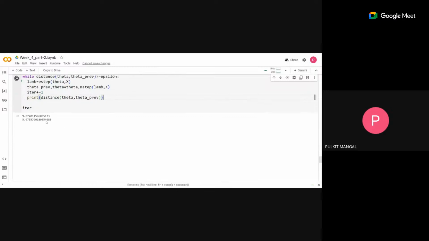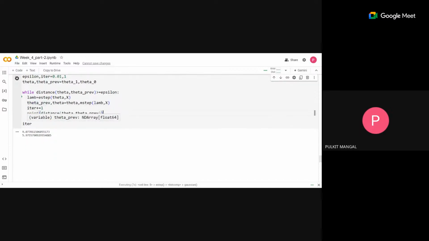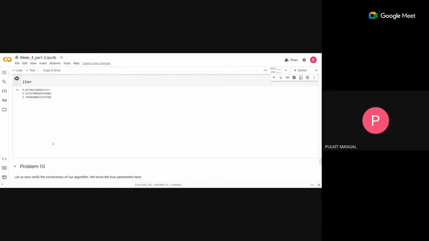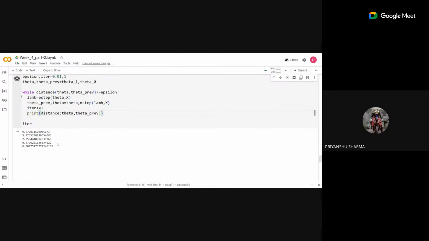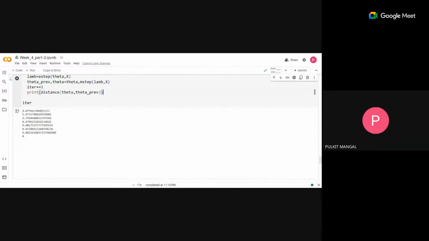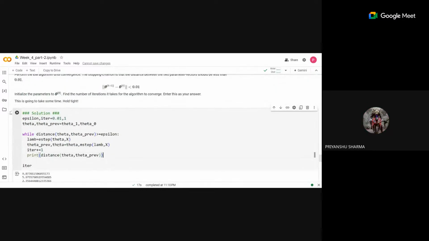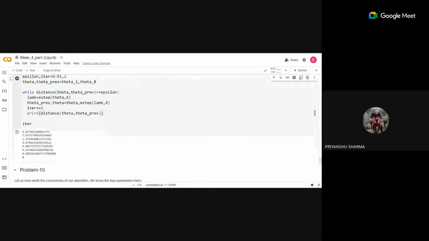So 9.07, 5.9. It will keep running until 7 iterations. Okay, the value is decreasing. And Sir, I think it's right only because if you see the last one, it's 0.0002.